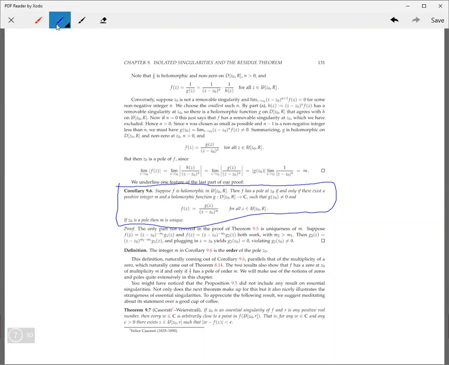So the two conditions that I would like to emphasize right here are that g is holomorphic at z0. That's number one. And number two is that g of z0 is not equal to 0.